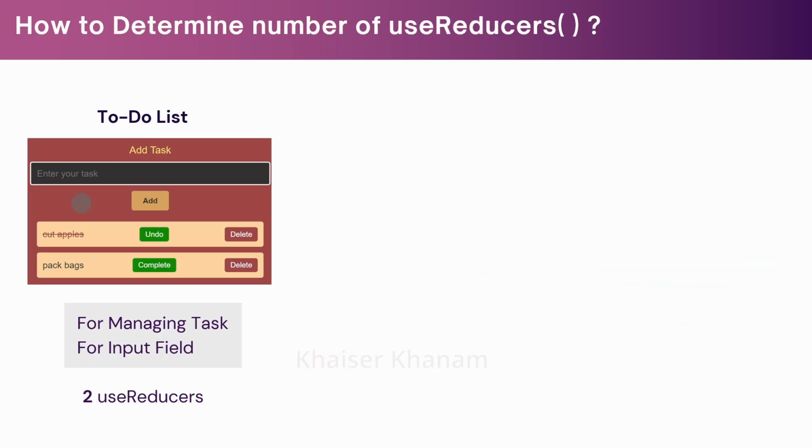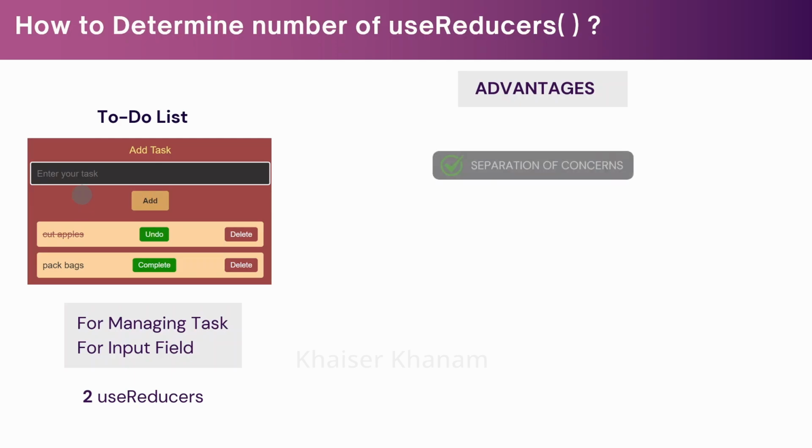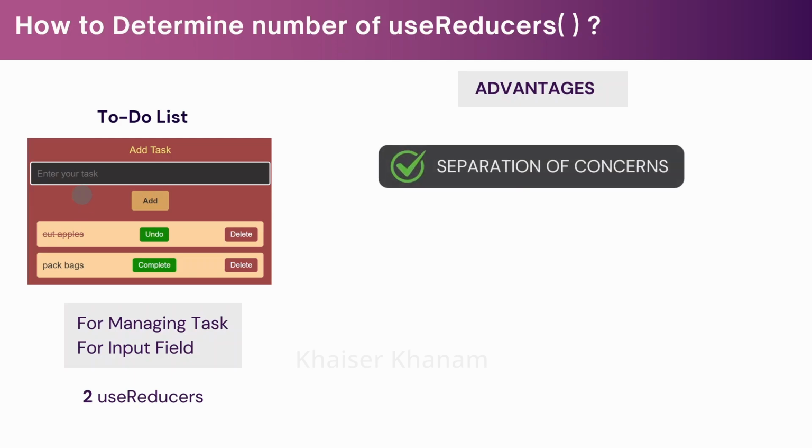But now let us understand some of the advantages and disadvantages of using multiple reducers in a project. The first advantage is separation of concerns. Whenever we use a separate reducer, it allows us to isolate different parts of the state, making our logic more modular.